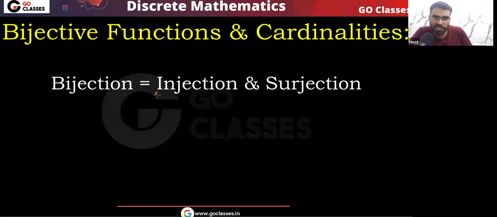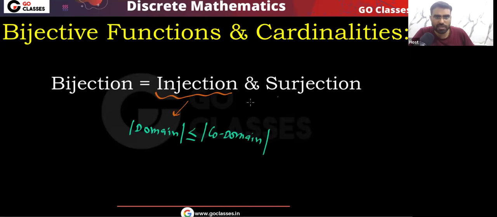Tell me what is the condition for injection? Just tell me, when will injection be possible? Injection will be possible when domain cardinality is less than or equal to codomain cardinality. Okay. And what is the condition for surjection?